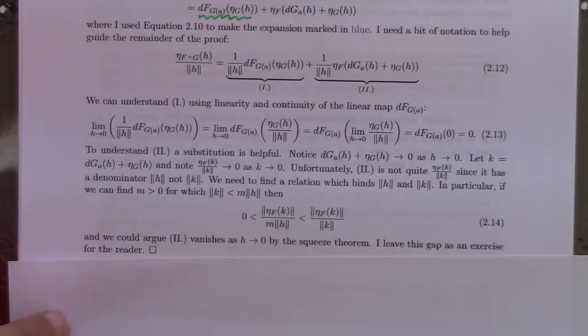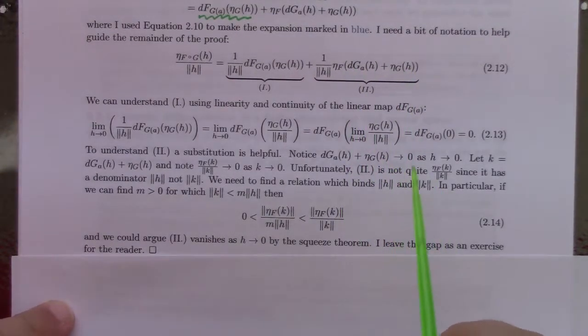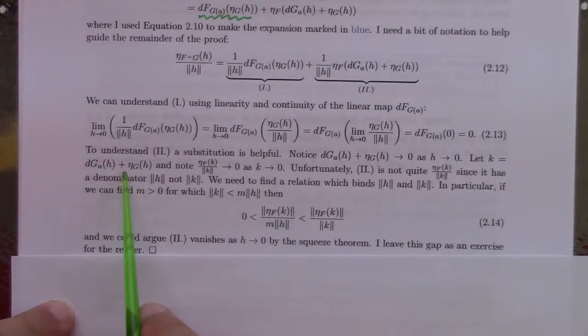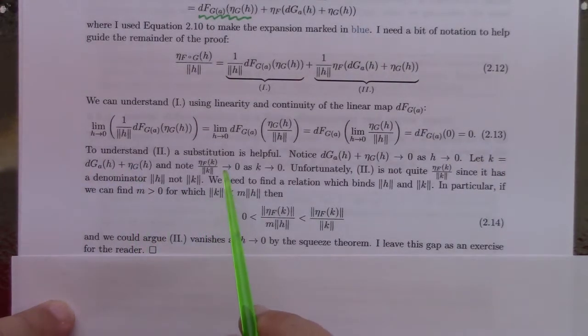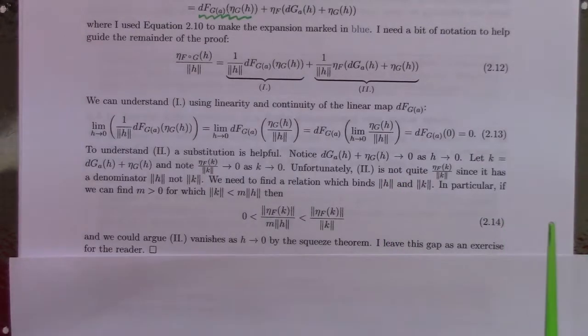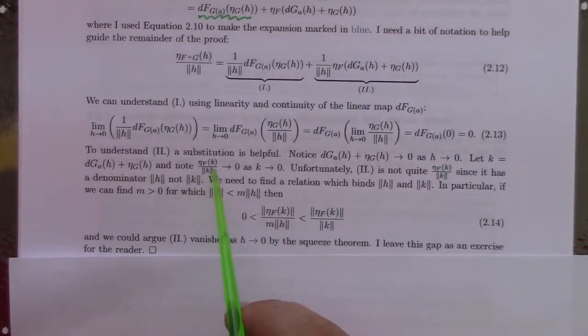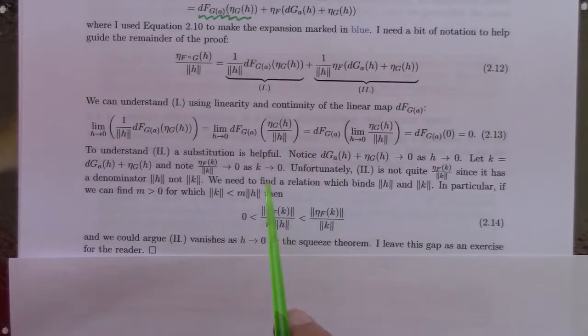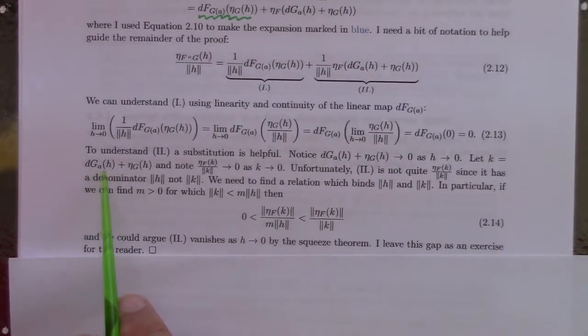On the flip side, this piece is a little bit more complicated. This guy over here is a little bit more troublesome. If I let k equal to that, then we have that eta sub k of norm k goes to 0 as k goes to 0. That's clear because, if I call this thing k, certainly if h is going to 0, then k goes to 0, because this goes to 0 and that goes to 0.